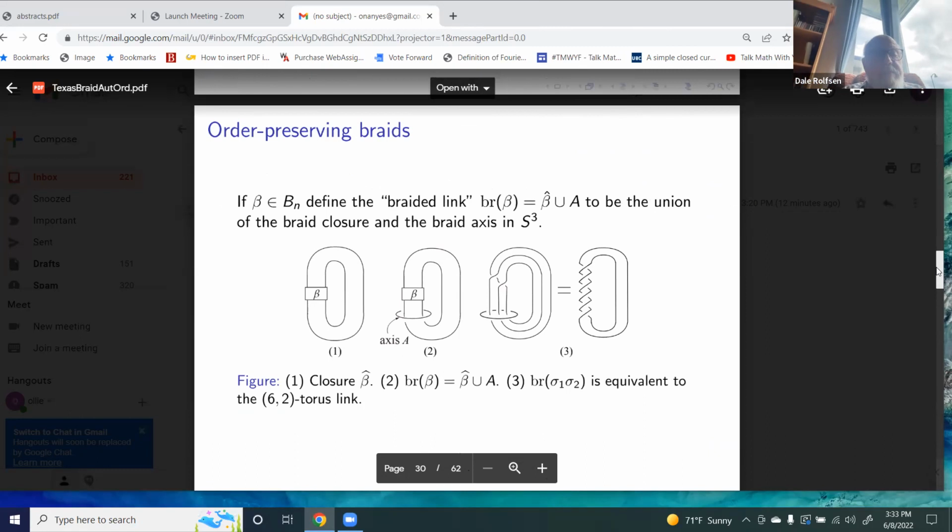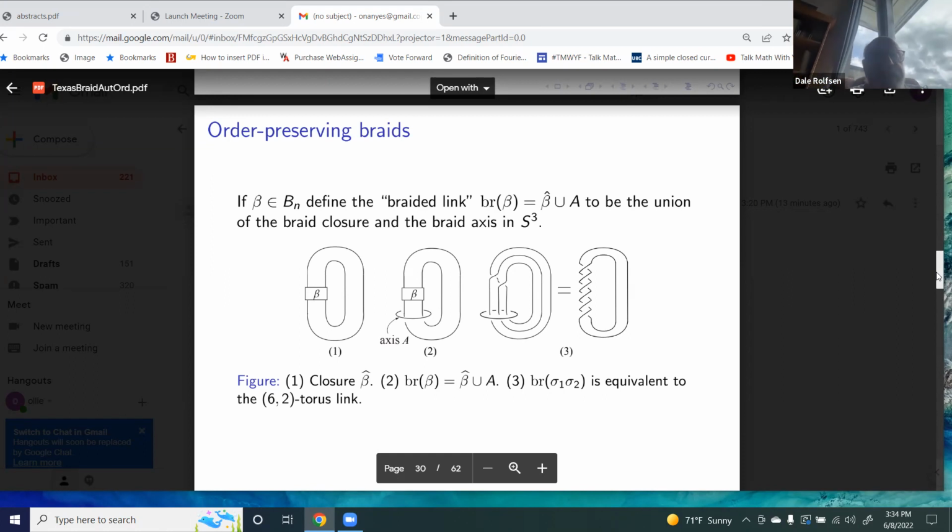Now, if you take a braid, you can look at its closure, which is a link, and then also include the axis, and I'll call this the braided link, which is the closure together with the axis. And you see that the fundamental group of the complement of that is really the mapping cylinder of the braid action on the fundamental group.